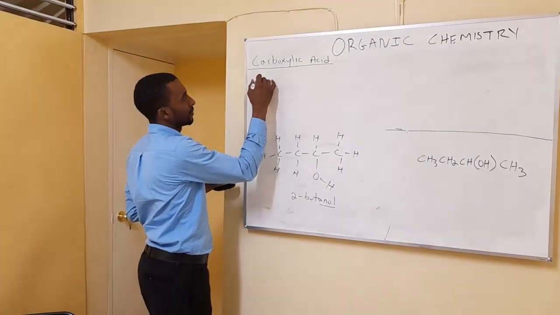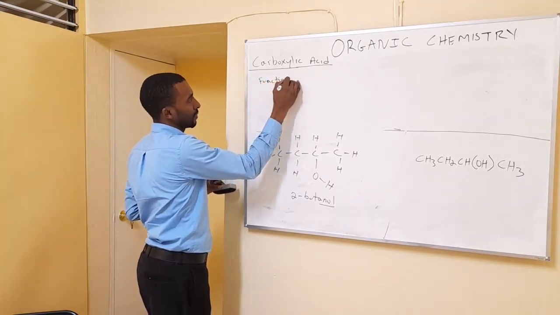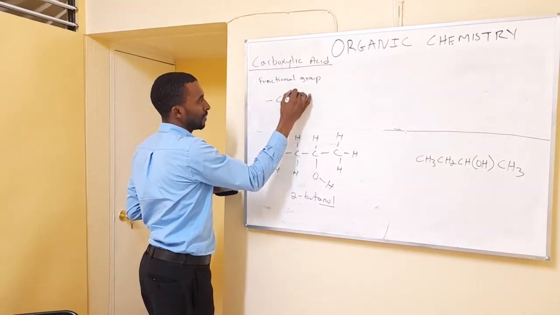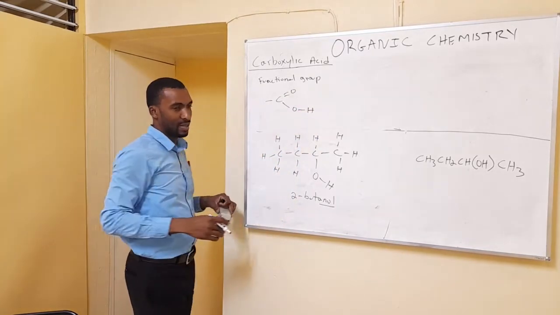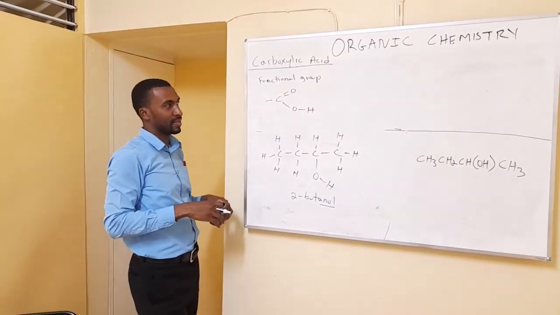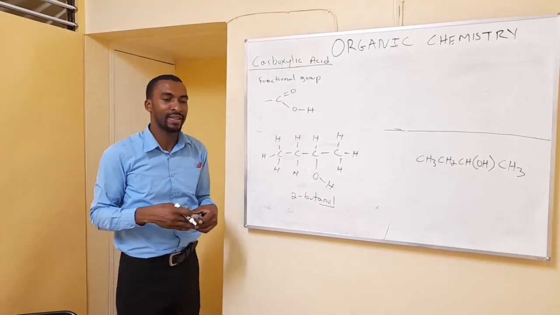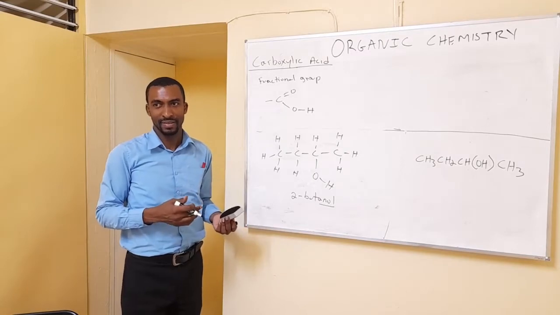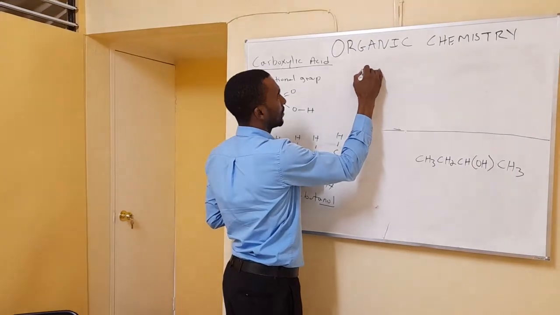So the functional group is C double bond O. So it's like the alcohol in which oxygen is on that end carbon atom. I don't want to jump into the reactions. The move from alcohol to an acid is oxidation. Oxidize it. Alright, but that's for next class. General formula.